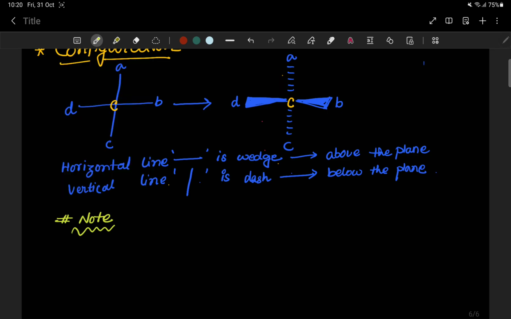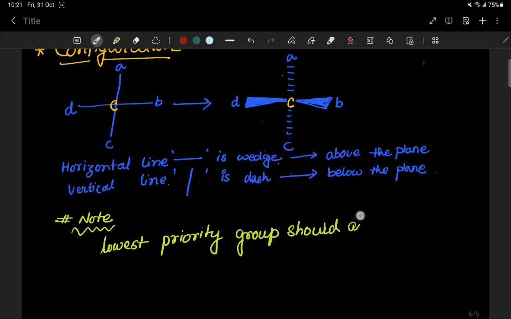I request you to write notes in different colors so that you can always remember the note points. So we always have to keep in mind that the lowest priority group should always come below the plane.